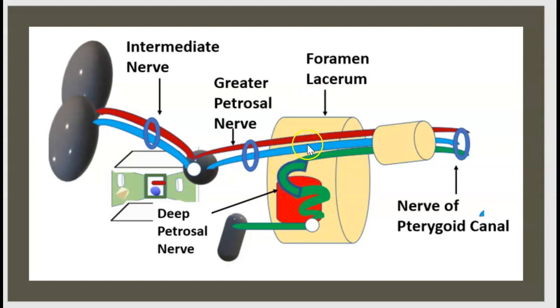They are accompanied by some taste fibers inside the bony tunnel of the petrous part of the temporal bone to emerge in the middle cranial fossa to approach the foramen lacerum.